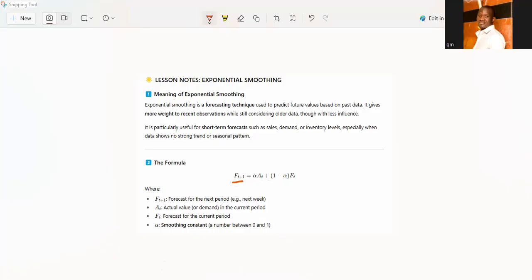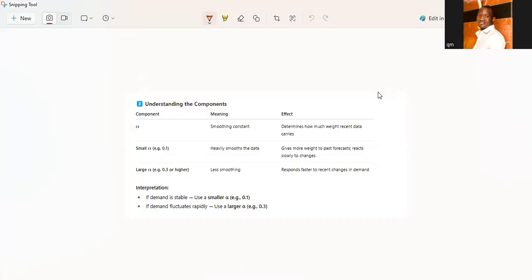To understand these particular constants, we need to understand that alpha is simply a smoothing constant. It determines how much weight the recent data carries. If you have a small alpha of 0.1, it heavily smooths the data.